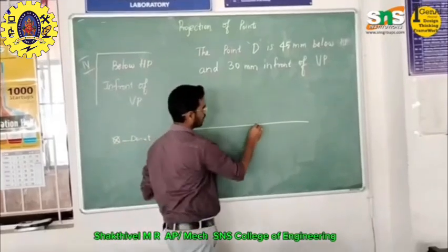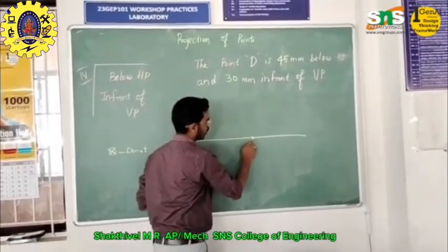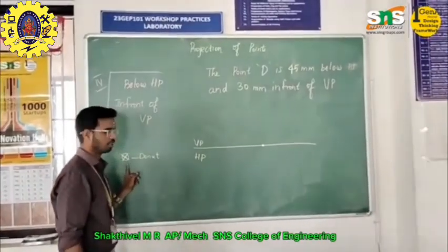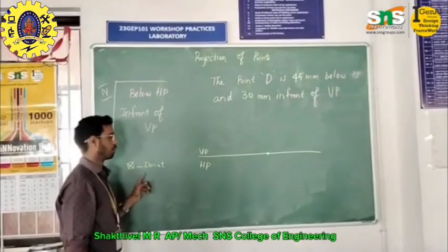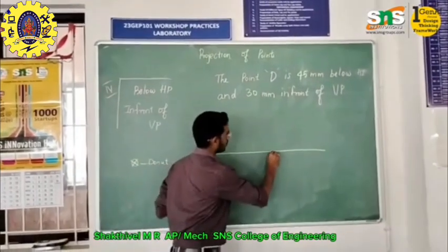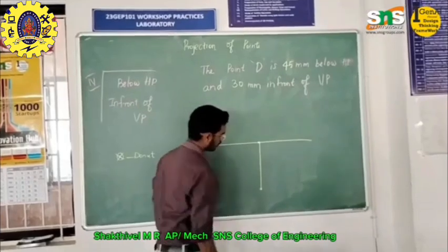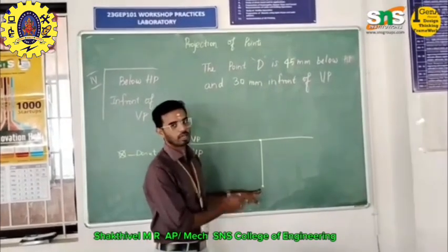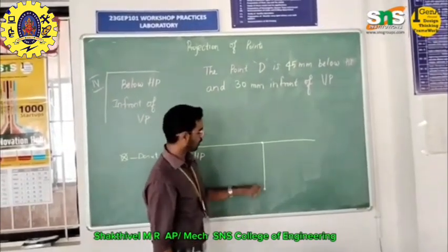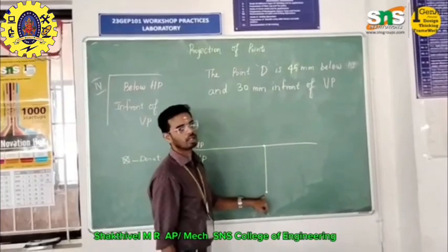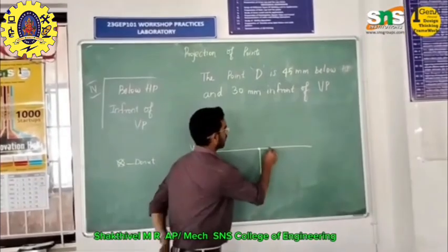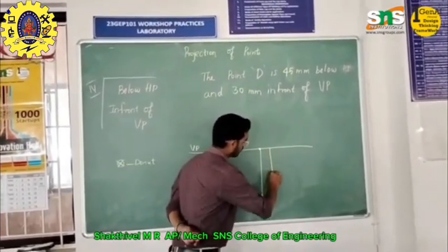Consider that as the point. This is called a donut. They do not give an abbreviation for this donut. This is 45 mm, and this point is mentioned as the end of this particular projection.